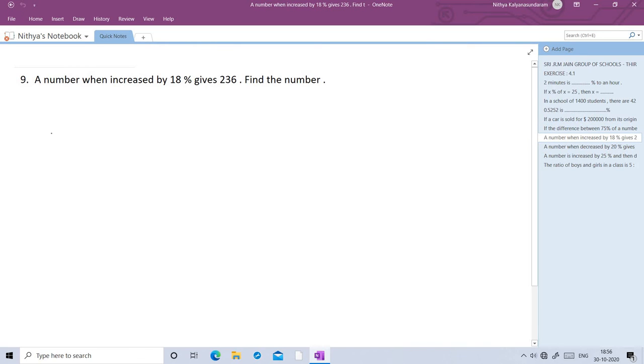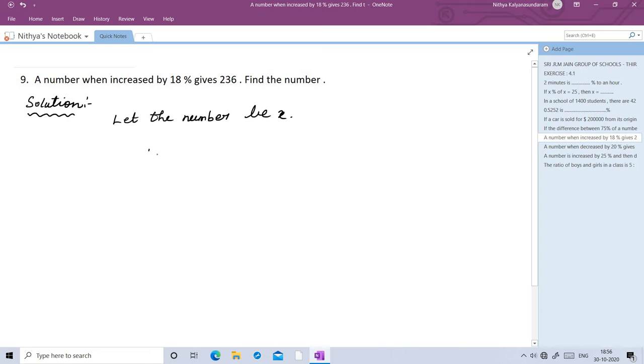Next question. A number when increased by 18% gives 236. Find the number. So here we want to find the number. First let's consider, let the number be x. Here it's increased by 18%.